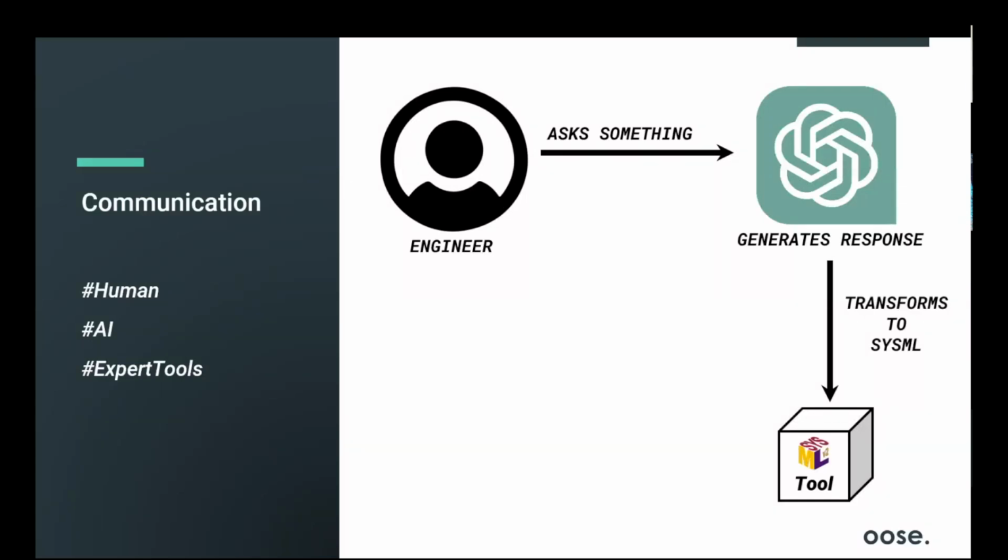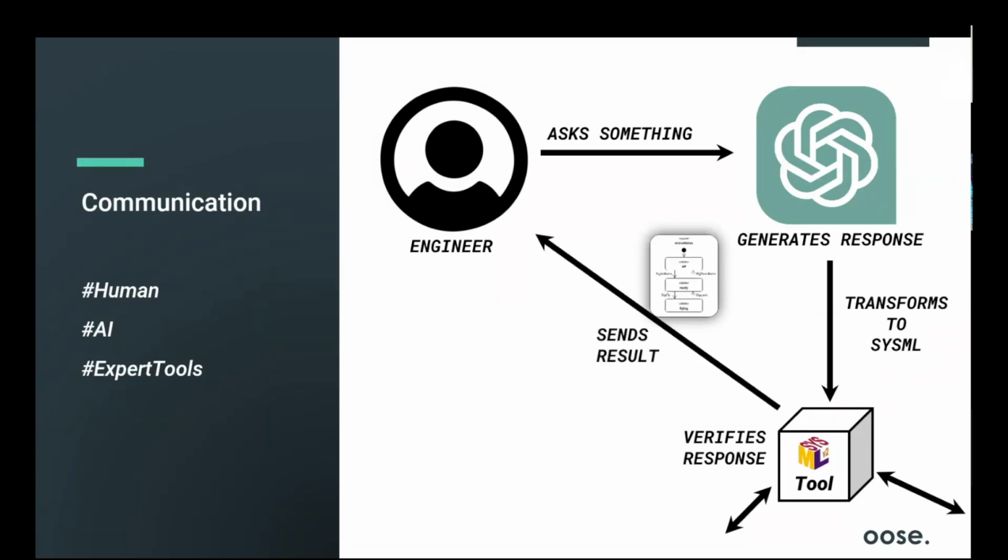The SysML modeling tool knows SysML best, no? And the SysML modeling tool now verifies the response. Is it correct? If you have the digital thread, it can even check if there's an impact on related, connected tools. Then we get the result back to the engineer, which can be textual by the AI, but also a SysML diagram. It says, yeah, that's exactly what I said.